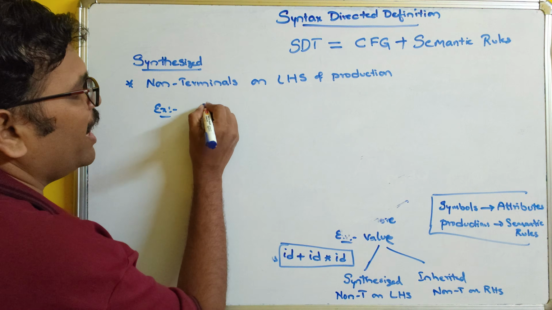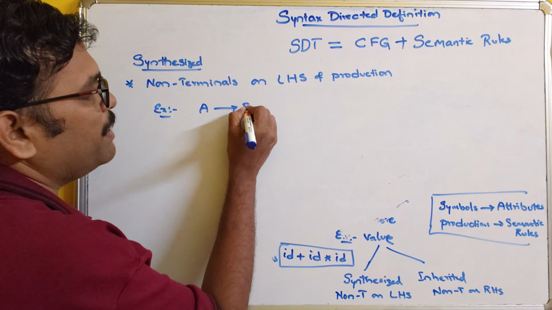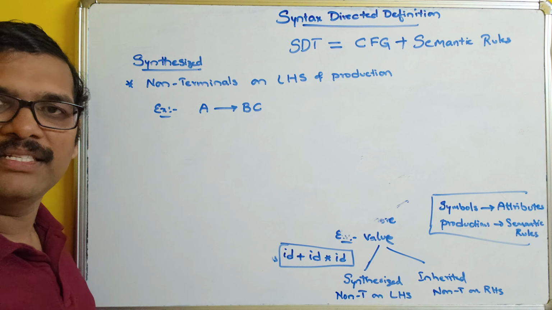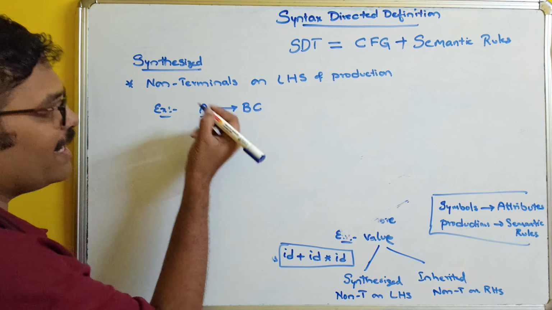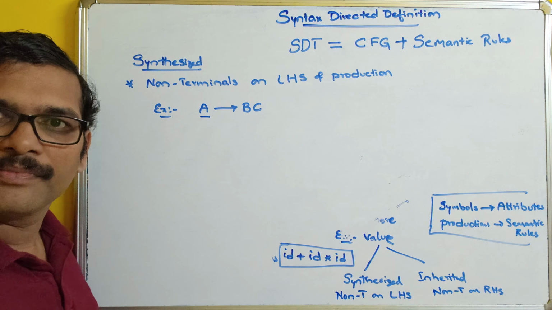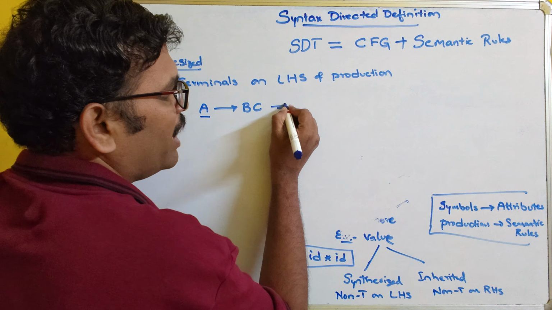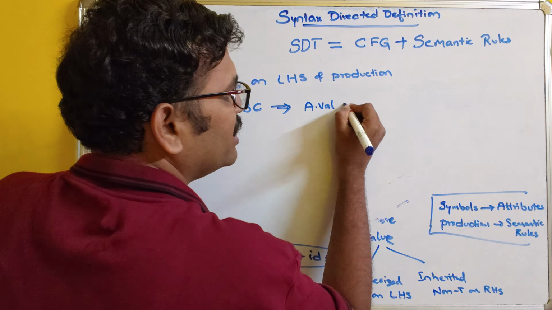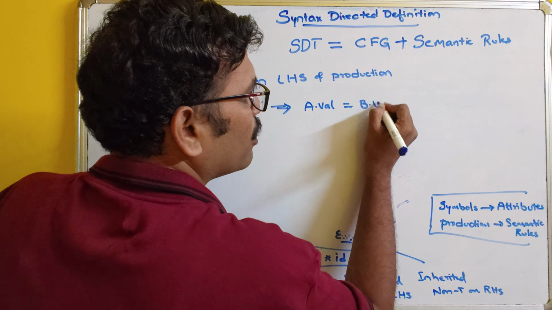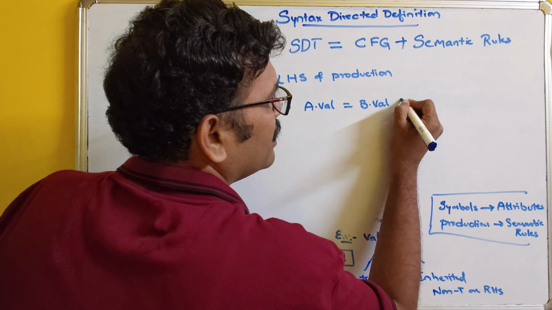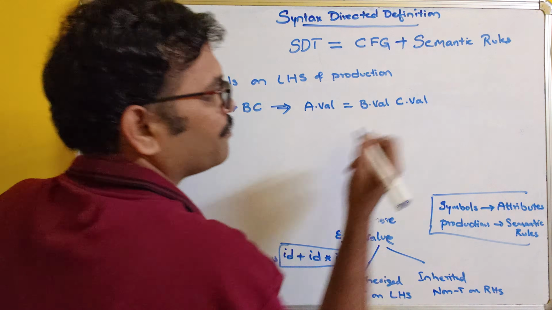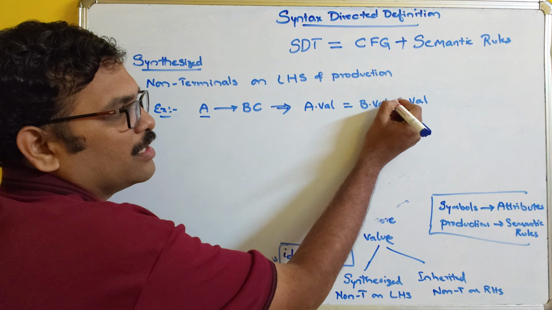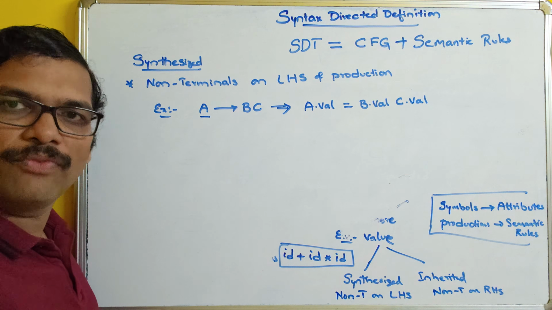For example, A tends to B C. Now, how will we get the value of A? The semantic rule for this one is A dot value equals B dot value into C dot value.